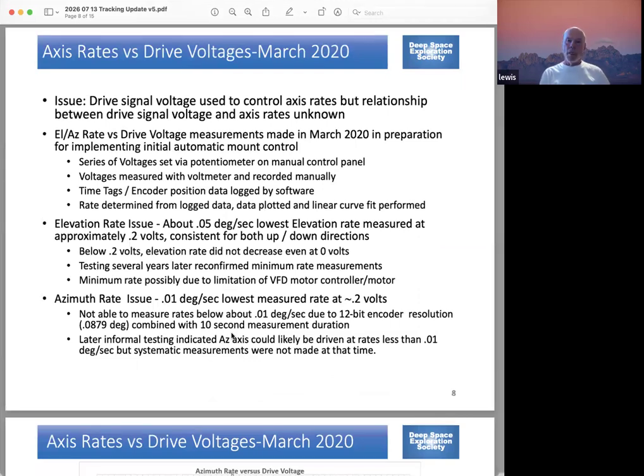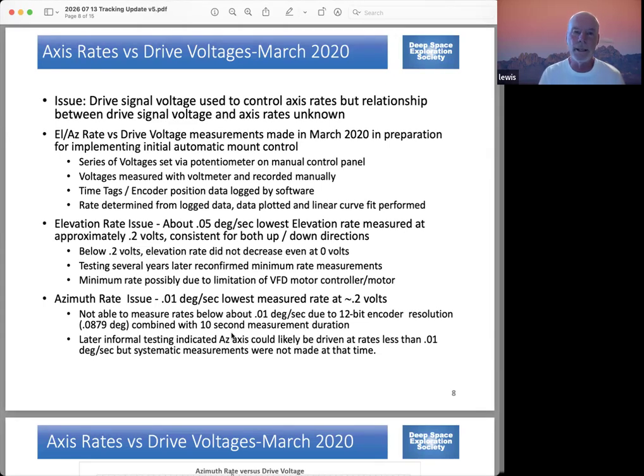But when we first started down this path, one of the problems that we faced was we didn't know how to map that drive signal voltage to an actual axis rate. So the way we attacked that problem is we said, well, let's just apply signal voltage and measure the axis rate that it actually achieves.